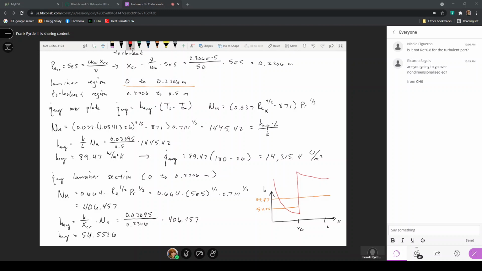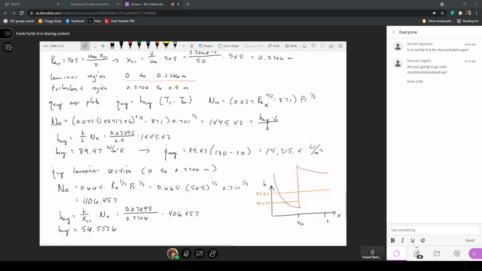So when we consider these functional dependencies for the heat transfer coefficients, the dependence is on X, but the properties and the fluid velocity have a major role to play because those are part of the calculation of the Reynolds number. We calculated it first here.